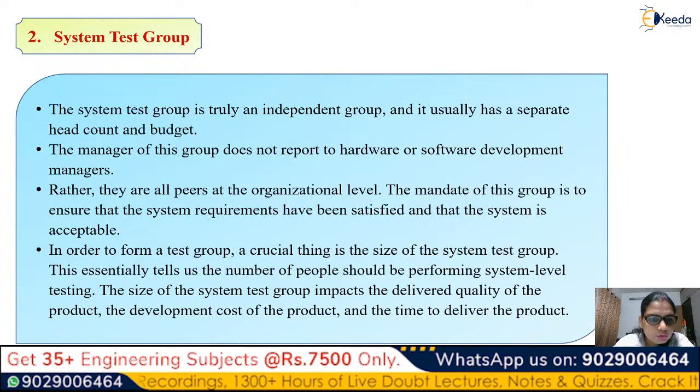In order to form a test group, the crucial thing is the size of the system test group. Importantly, this tells us the number of people who should be performing the system level testing. The size of the system test group impacts the delivered quality of the product.